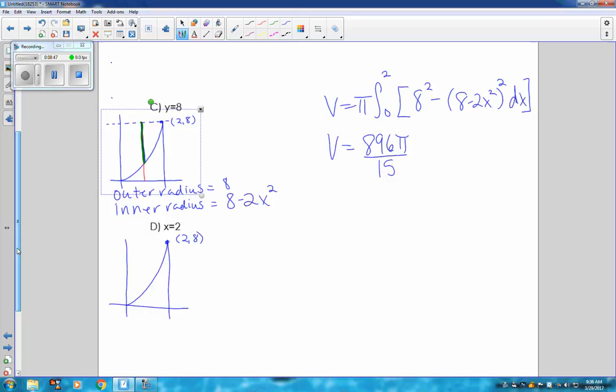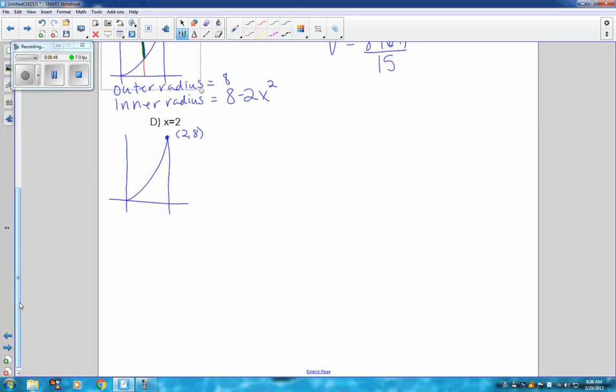Okay, so we've got one more. And this time we're revolving this around x equals 2. So is there a hole in that? No, because it's going this way. Okay, so your outer radius is going to be what? Tell me.